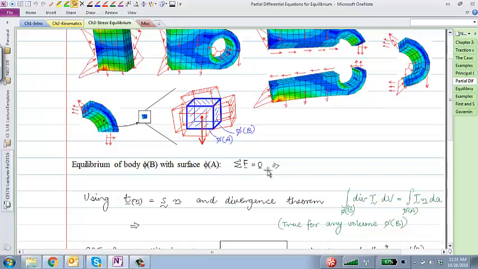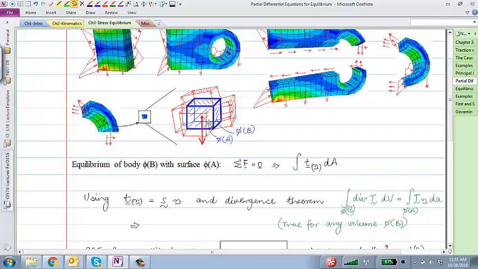So let's see how to write that out. We have 6 surfaces, or in general any number of surfaces of a neighborhood of a point. So I'll write the total force on all these surfaces as the integral of T_n dA over the entire surface of the body.